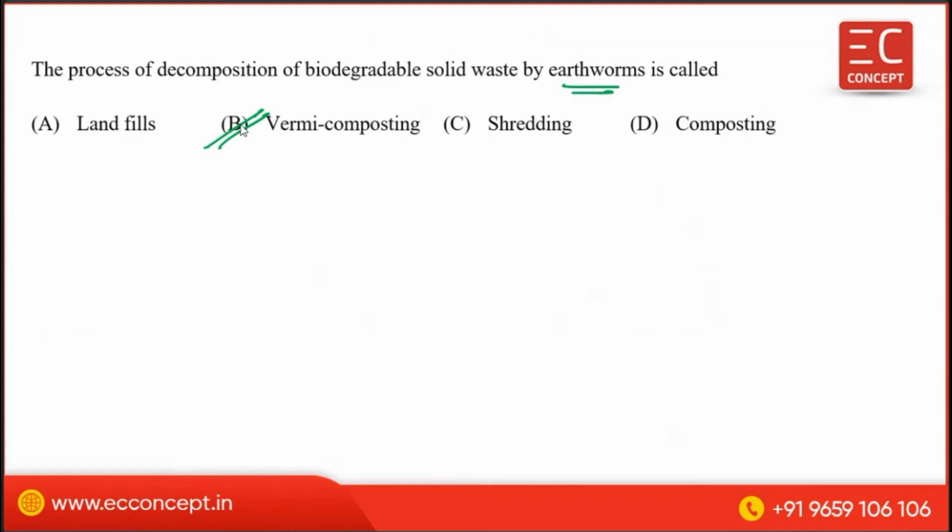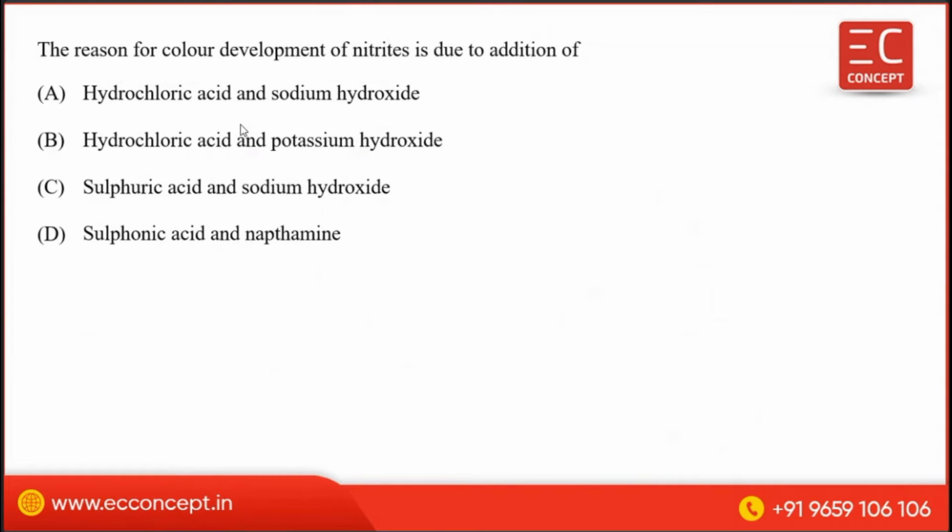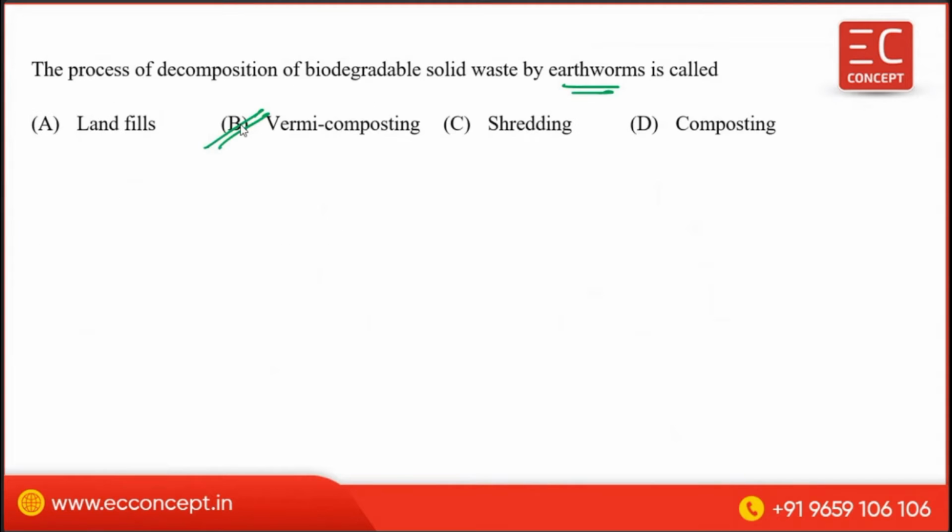If it is decomposing by means of earthworm, it is called as a vermicompost. Okay, decomposing by all the microorganisms, it is called as a process of composting. This composting can be done in presence of oxygen, and also in absence of oxygen. Okay, but vermicomposting can be done only with the help of earthworms in presence of oxygen. Okay, so have a clarity between these two.